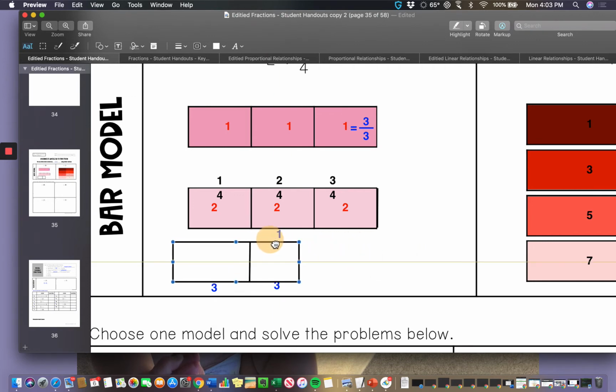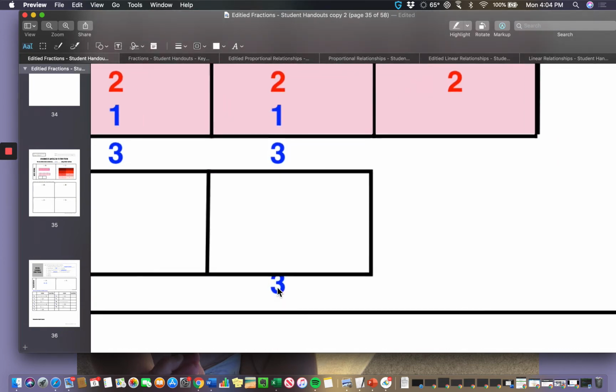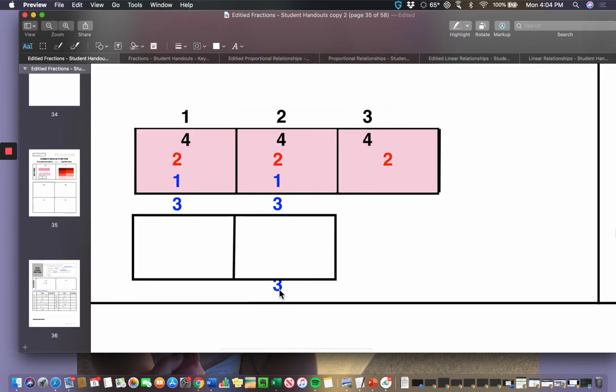But I think you get the point here. That these are thirds, and we're adding them together. Alright, I'm going to leave that there.